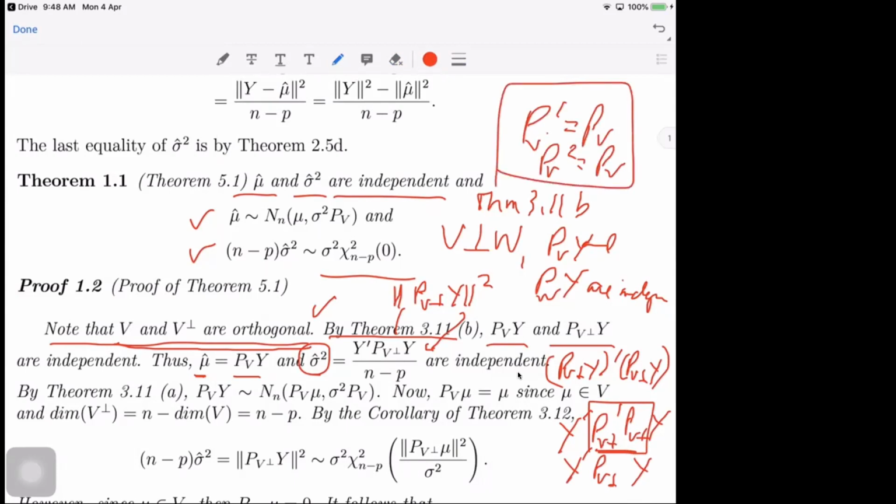So this can be expressed as the projection of y onto b perp times its prime, which is just equal to the projection onto b perp, since the square of the projection onto b perp is just the projection onto b perp. So since it is a function of projections onto b perp, we say that mu hat and sigma hat squared are also independent, being functions of two independent projections. Do you have questions?